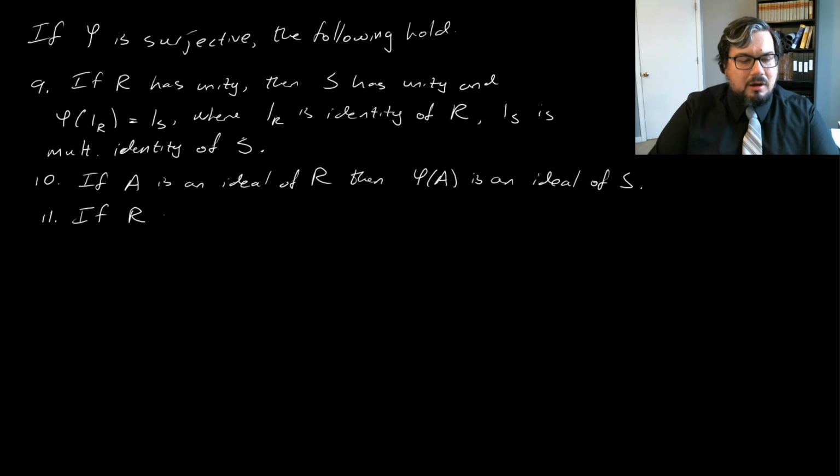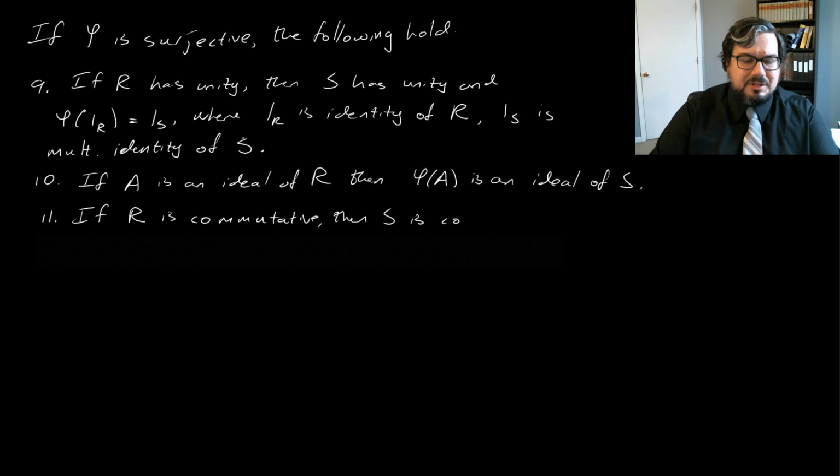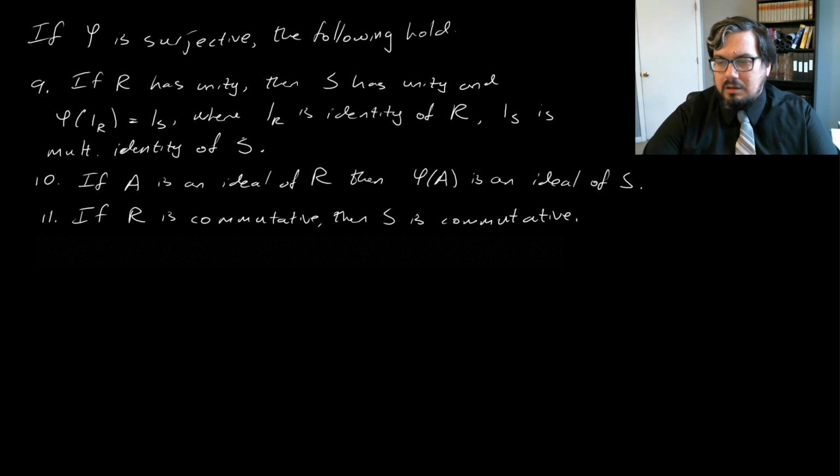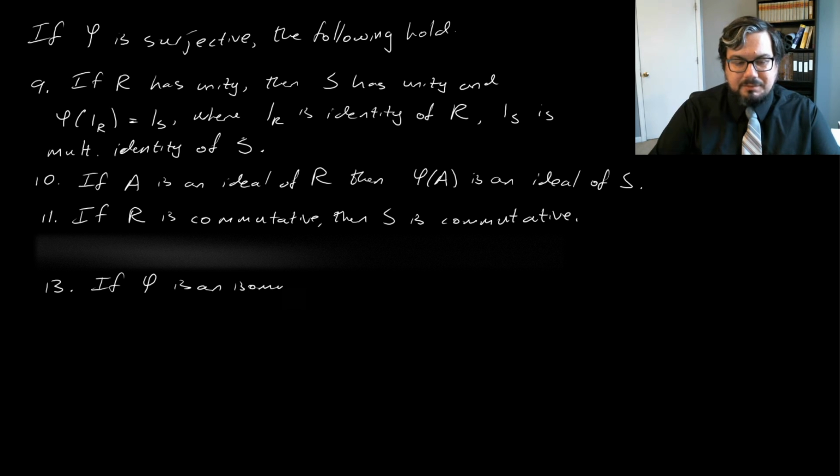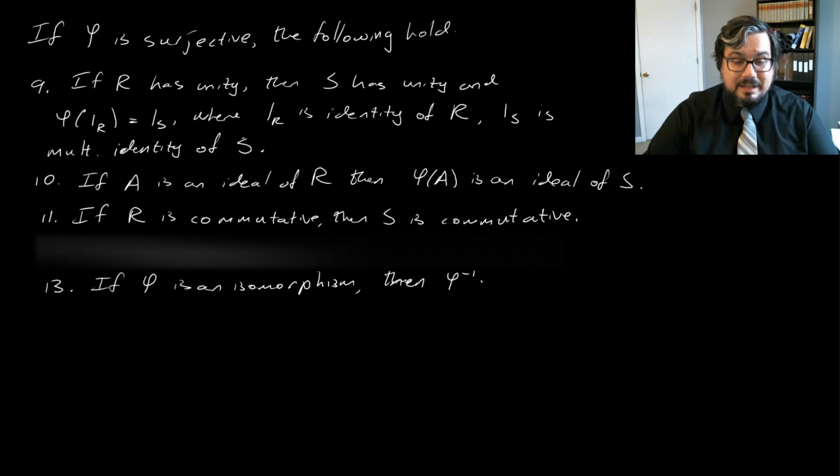Number 11, if R is commutative, then S is commutative. And 13, if phi is an isomorphism, then the inverse function, the set theoretic inverse function from S to R, is also an isomorphism.